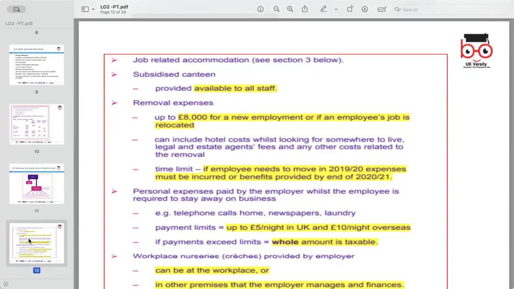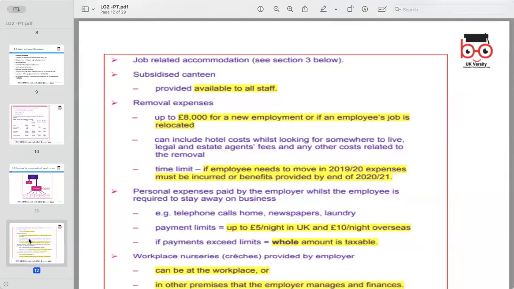So here, further talking about benefits: job-related accommodations, subsidized canteen, removal expenses, personal expenses paid by the employer during business trips and workplace nurseries. So when we talk about accommodation, this refers to accommodation provided by the employer for their employees when it's related to their job.